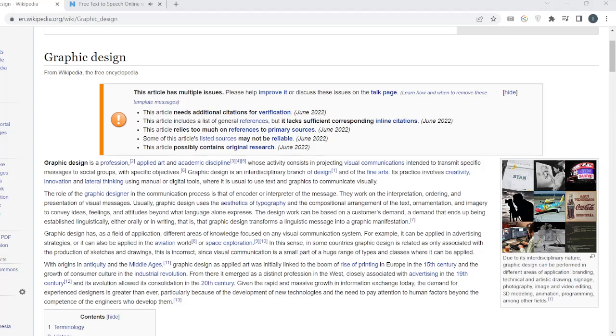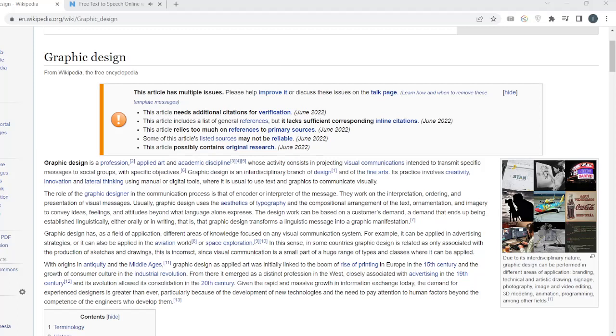From there it emerged as a distinct profession in the West, closely associated with advertising in the 19th century, and its evolution allowed its consolidation in the 20th century.